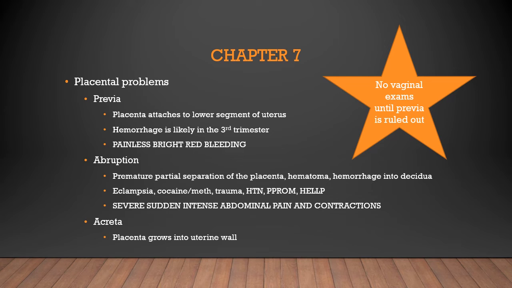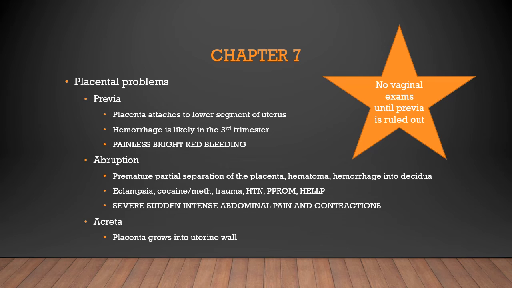It basically puts pressure on the placenta if it's trapped, and bleeds into the decidua, which causes greater hemorrhage and placental separation. On page 159 in your book, there are pictures of a mild versus a moderate versus a severe placental abruption. Depending on where the abruption occurs, at the edge of the placenta versus inside, you may or may not see frank external bleeding.